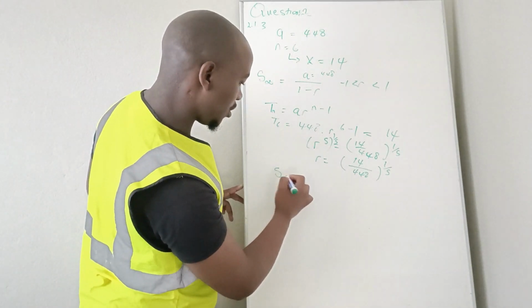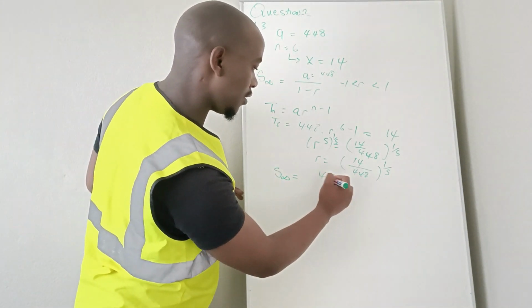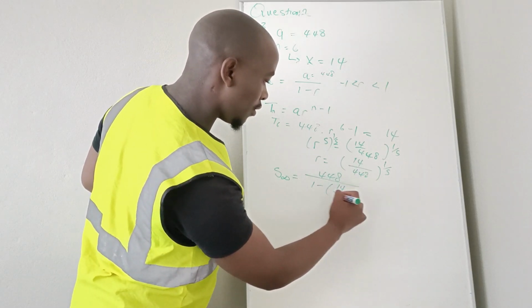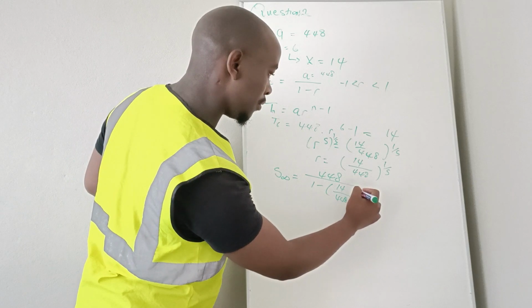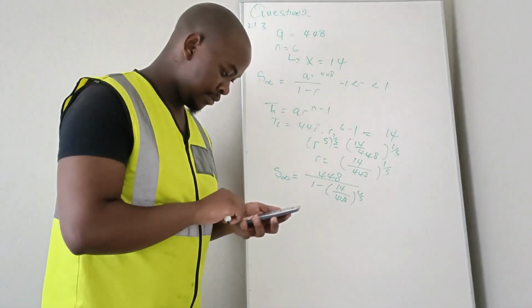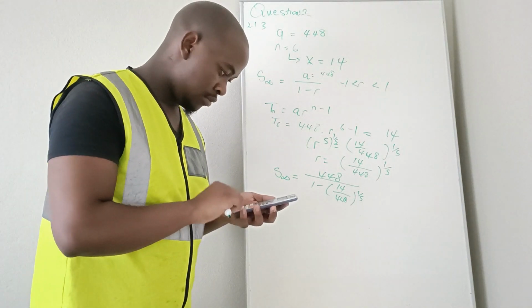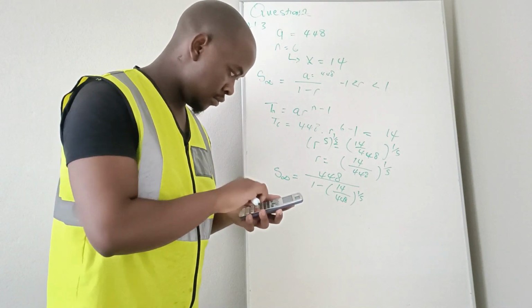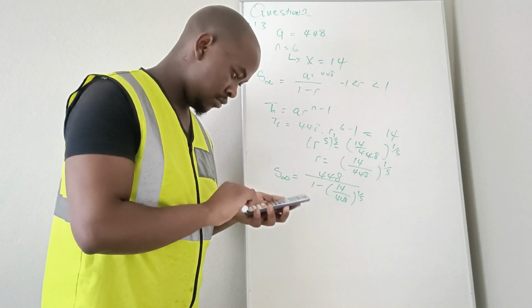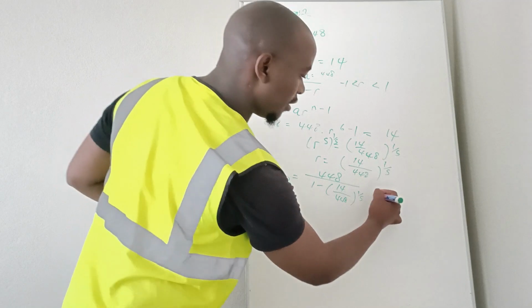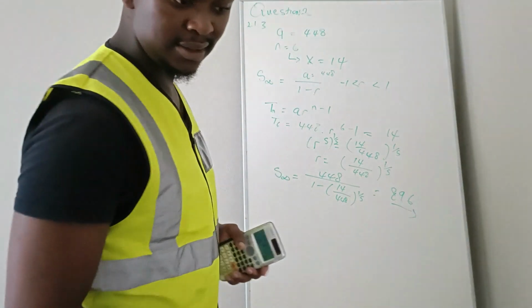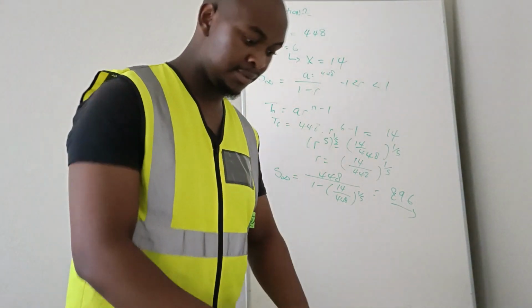If you substitute, we have 448 over 1 minus 14 over 448 to the power of 1 over 5. The answer is 896. That is our answer, and we can move to the next question.